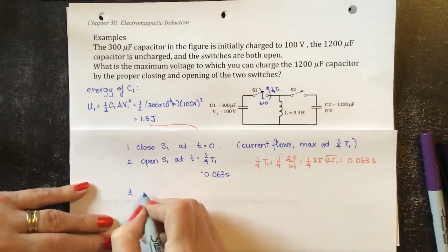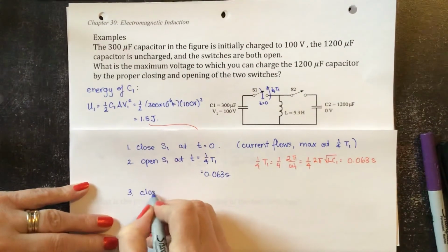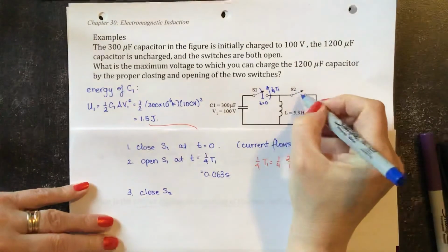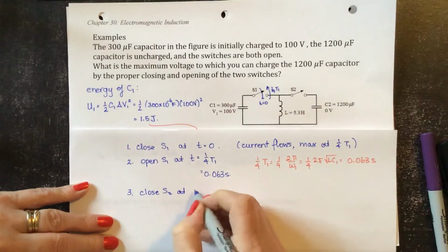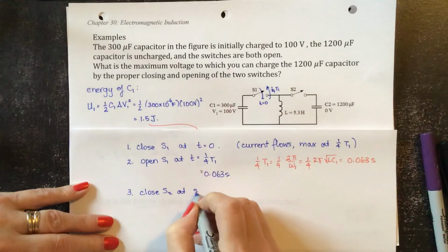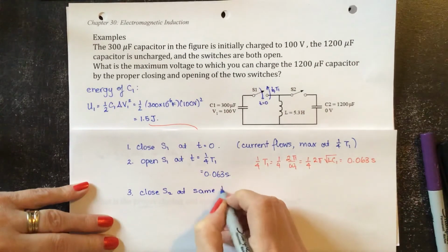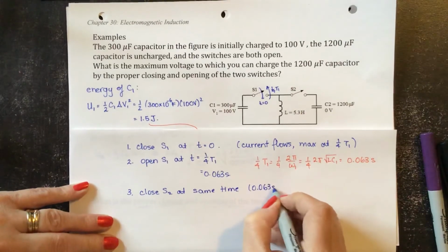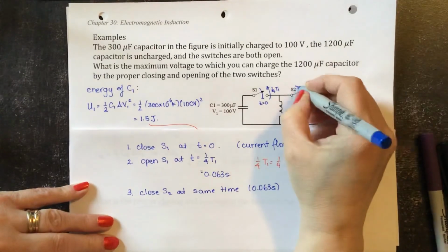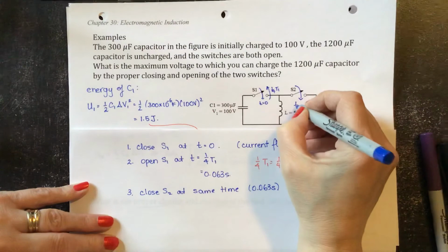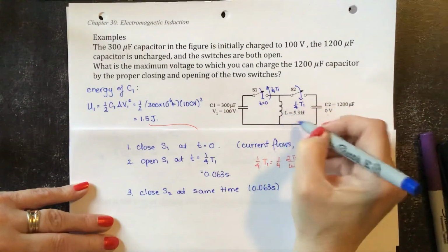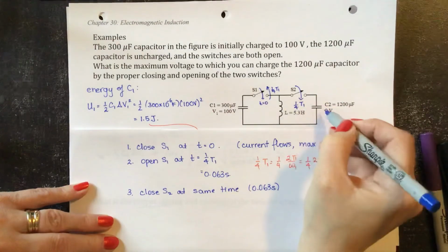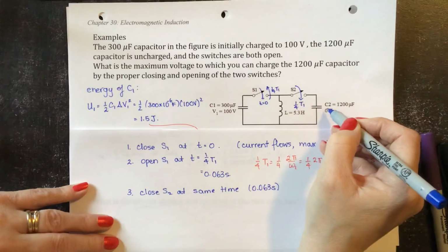So step 3, close S2. So we let current flow S2 at the same time, .063 seconds. Okay, so now we close this guy at a quarter T1. That allows the current to flow. If the current is flowing, it's charging up capacitor C2.